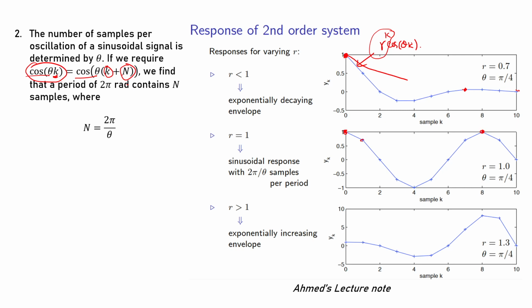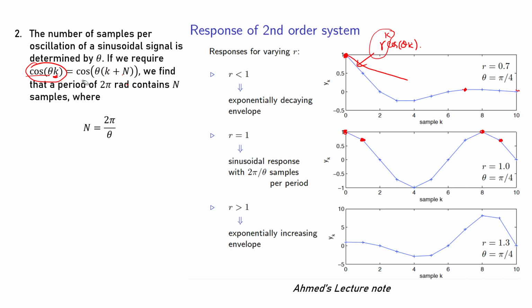Or at this value we add n samples, we get the value here. But the peak value is easier to visualize, right? Because if cosine is at peak value, the cosine times the exponential decay is still at the peak value, right?